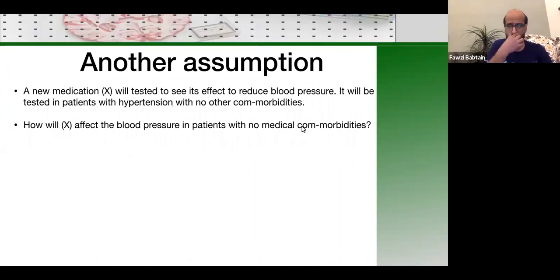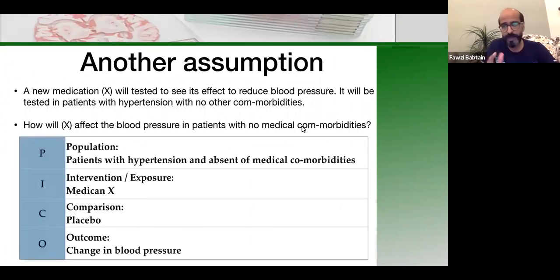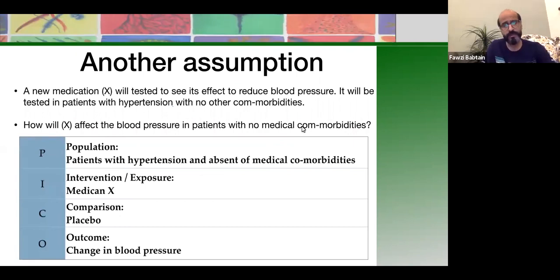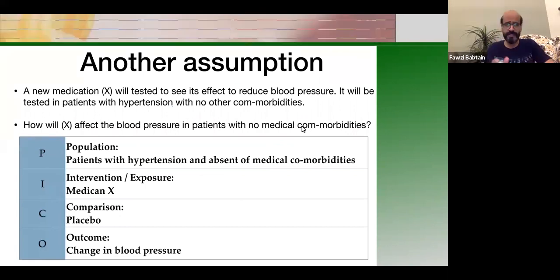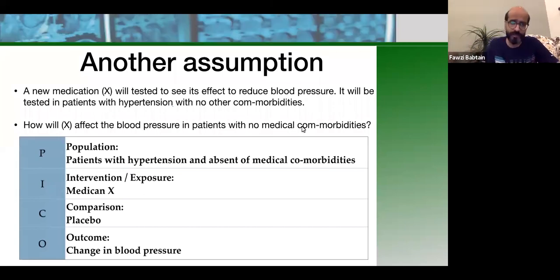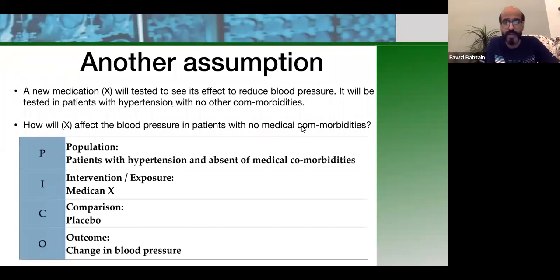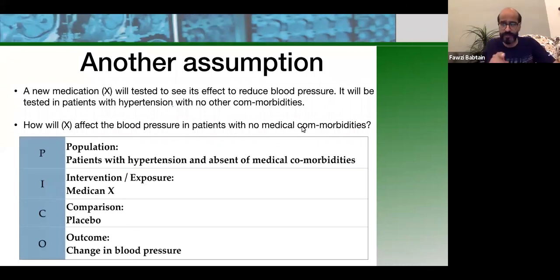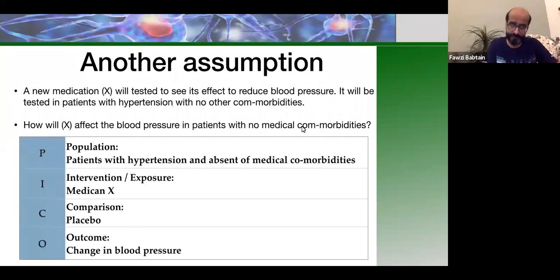Comorbidities, this is a typo. So the population is patients with hypertension in the absence of other comorbidities. My intervention or exposure is this medication. My comparison is either placebo, giving nothing, or standard therapy or medication. And my outcome is change in the blood pressure, or to be specific here, reduction in the blood pressure.